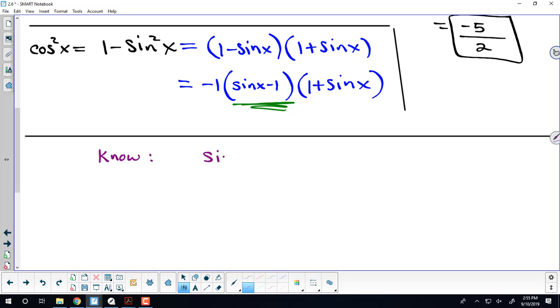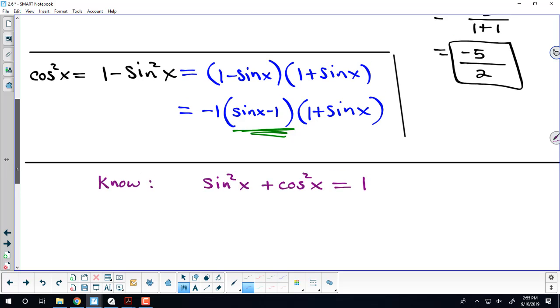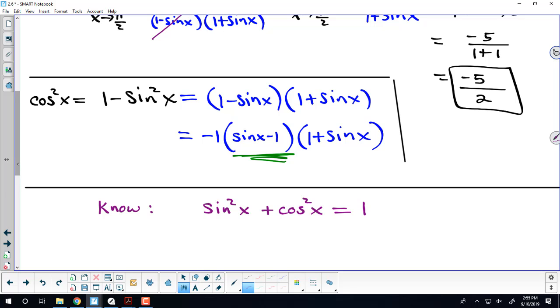With that Pythagorean identity, the other two come out of that one. So if you just remember that one, I think that's fine.